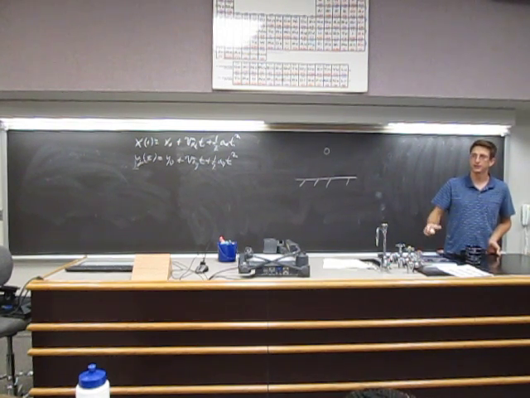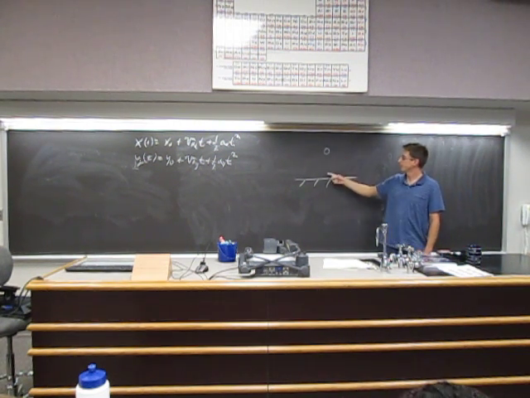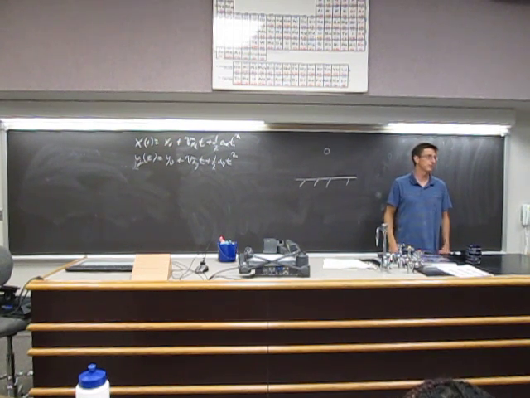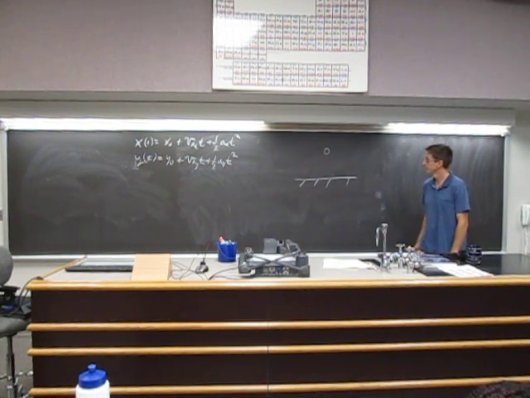It's a little out of sequence, perhaps, because we might want to do forces first before we do the acceleration due to gravity. But it's important to have what the acceleration due to gravity is.